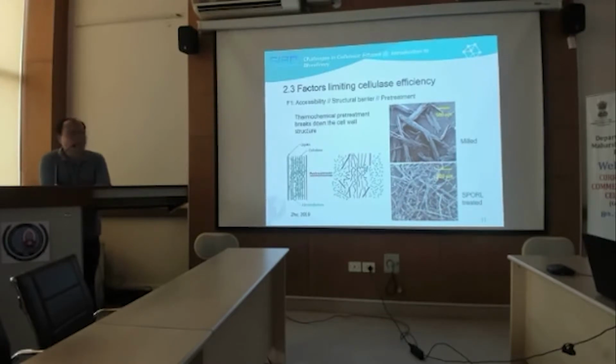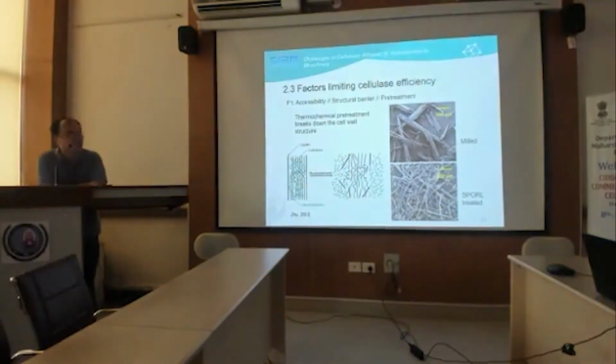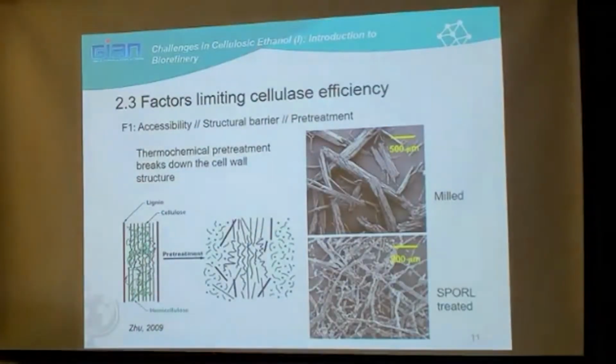We have a lot of new technologies, especially based on the thermochemical process. Thermochemical means there is heat. Heat means steam or pressure. We will heat up the system, and there will be chemicals to break down the cell wall components to degrade lignin or degrade the hemicellulose.